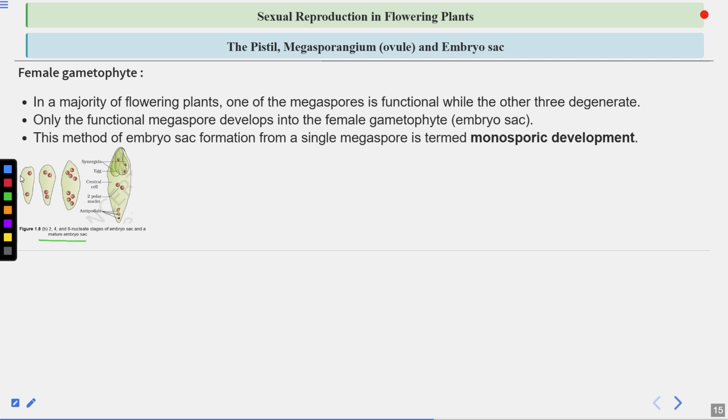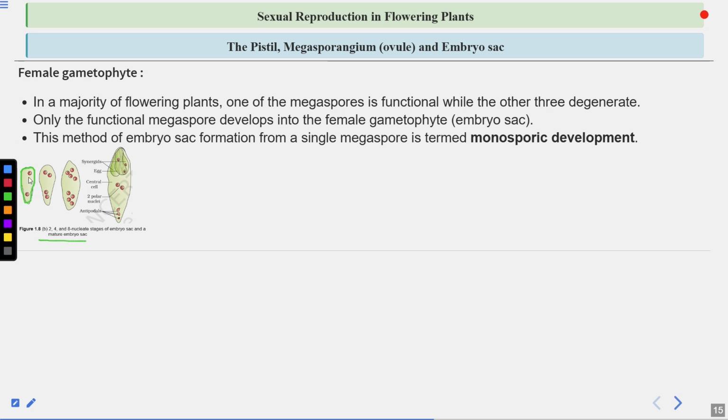Now this is one functional megaspore, and it has only one nucleus, right? The one nucleus divides into two, but there is no division of the cytoplasm, so no cytokinesis, only karyokinesis. So two nuclei are formed.